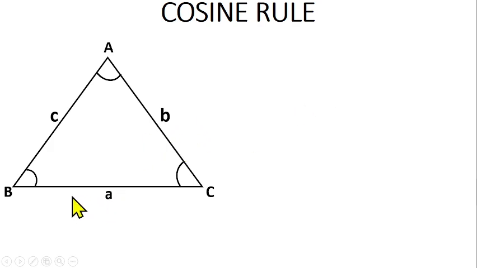Assuming I'm looking for this side, which is small letter a, the cosine rule says that the square of this side equals the square of this plus the square of this, minus 2 multiplied by this times this, cos the angle facing the side I'm looking for.